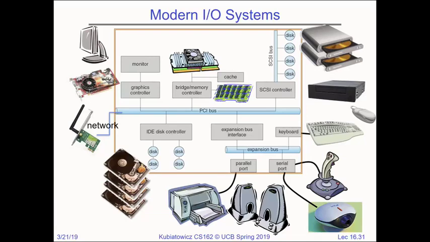So really, a modern I/O system, one way of looking at this is many buses with lots of I/O devices hanging off of it, and part of the process of controlling things is figuring out how to reach out to these devices and talk to them across these buses.